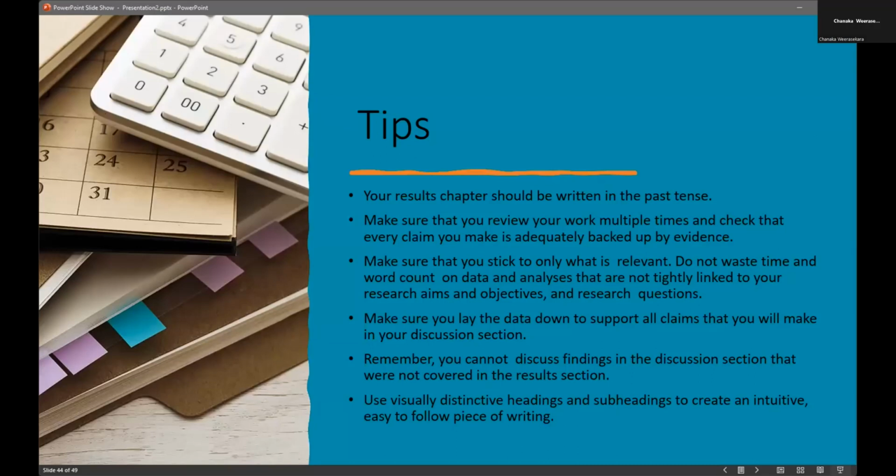So do not waste time and word count on data and analysis that are not tightly linked with your research aim, objectives, and research questions. So that's the third one.